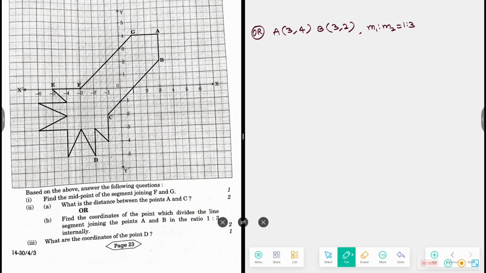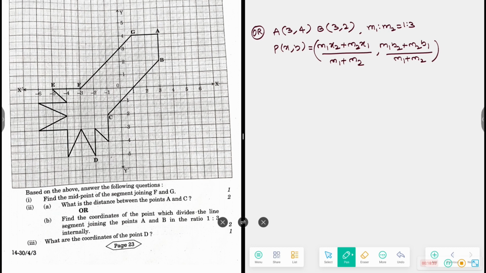So here what do we use? We use the section formula. P(x, y) is equal to m1 x2 plus m2 x1 by m1 plus m2 comma m1 y2 plus m2 y1 by m1 plus m2. This formula we have to use to find the point.